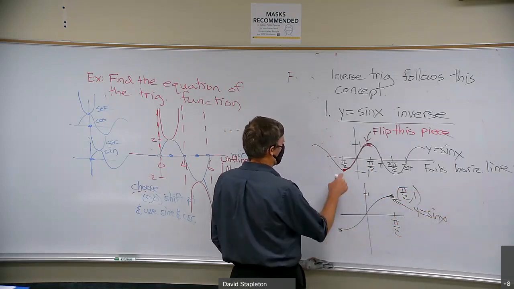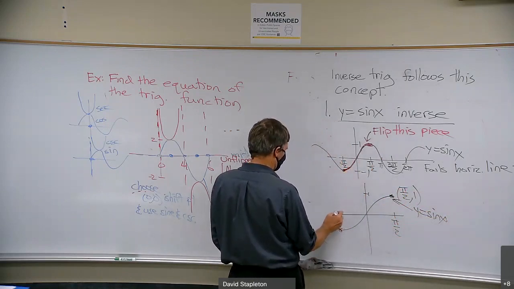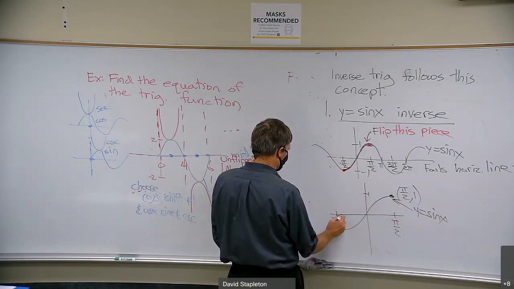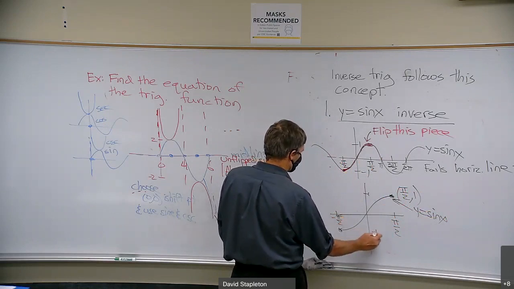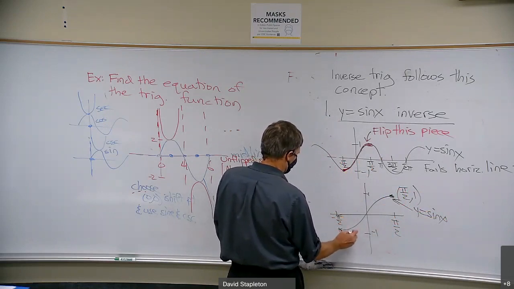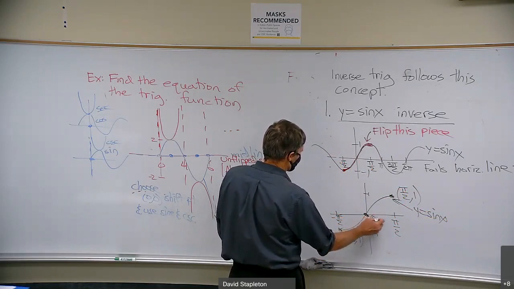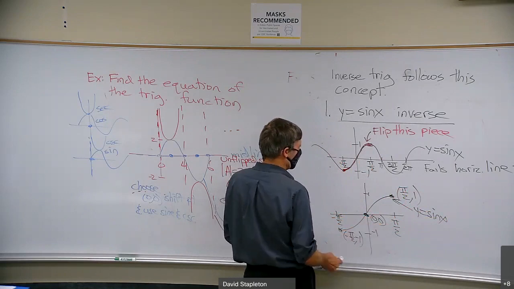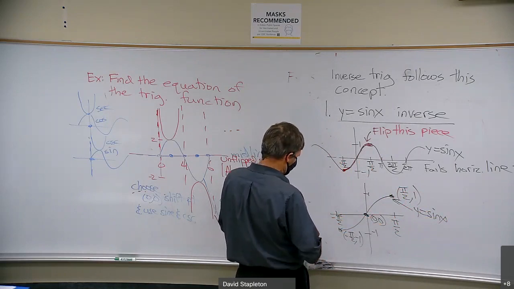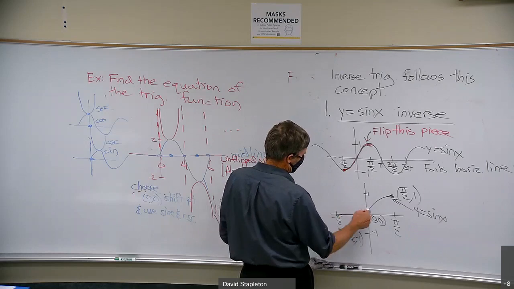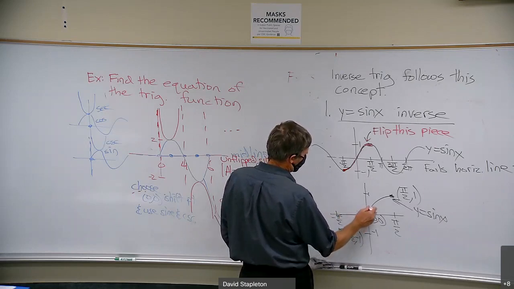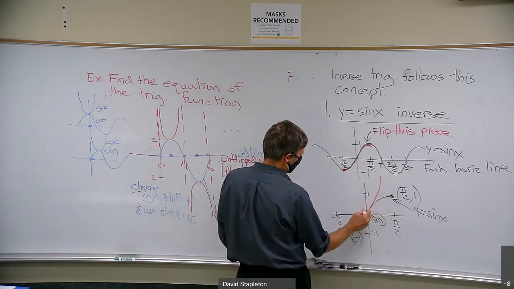And then over here, we had minus pi over 2, minus 1. And then it goes through 0, 0, it's the sine. And let's flip just this piece over the line y equals x, and it turns out, you can show in calculus, it's actually tangent right here.